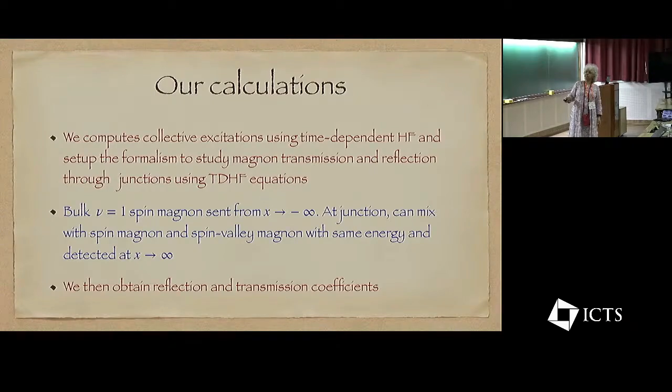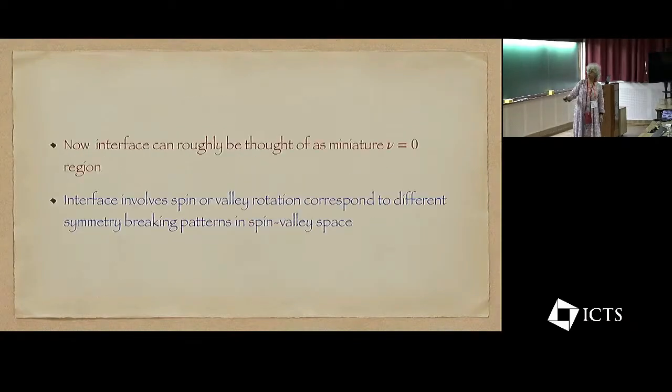At the junction, they mix with the spin magnon and spin-valley magnon, and then they are detected at the other end. Roughly, the interface region, because we are changing between 1 and -1, can be thought of as a nu equals 0 region. Depending on whether the interface involves spin or valley rotation, it corresponds to different symmetry breaking in that state.